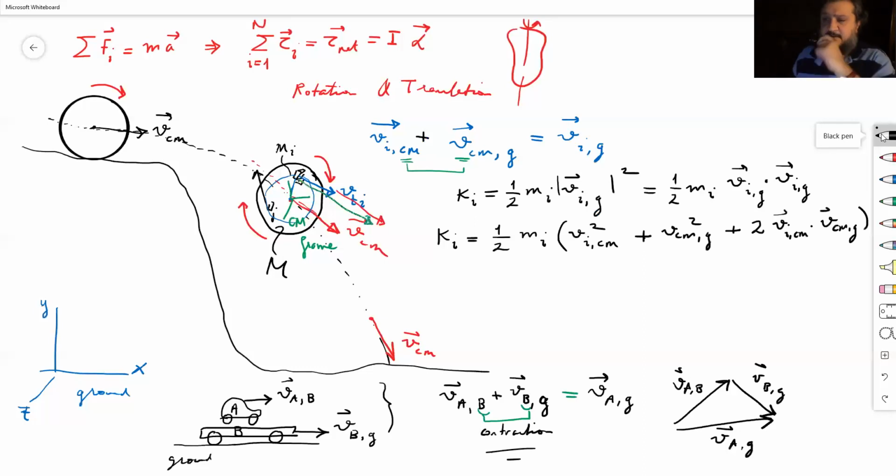I just expanded that square. So that's what we have.